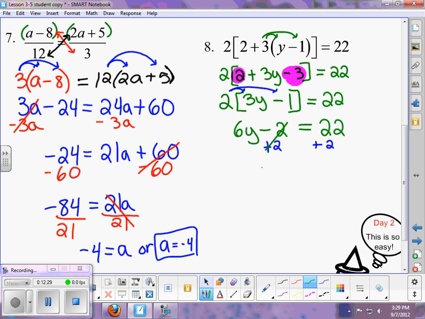That gives us 6y equals 24. And then our last step, to get rid of the 6, undo that multiplication by dividing both sides by 6, for a final answer of y is equal to 24 divided by 6, which is positive 4.